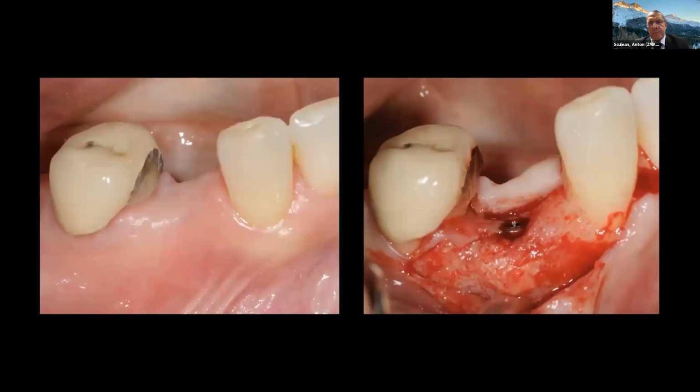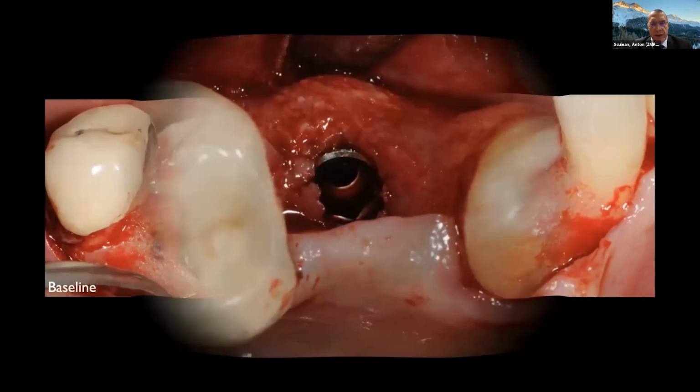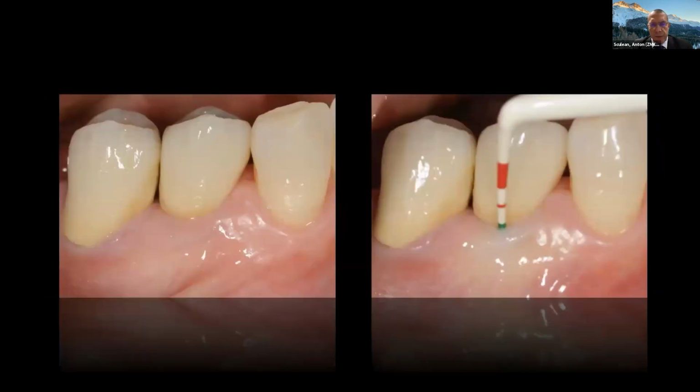And this soft tissue will be stable due to the fact that the bone is restored, and the height of the bone will always support the height of the soft tissues. And this will end up in a healthy, infection-free, inflammation-free soft tissue.